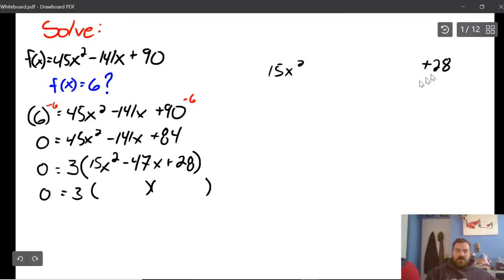So I'm looking for 2 numbers that will multiply to the product of the first and last terms. So I'm looking for 2 numbers that multiply to 420 and that add to negative 47.